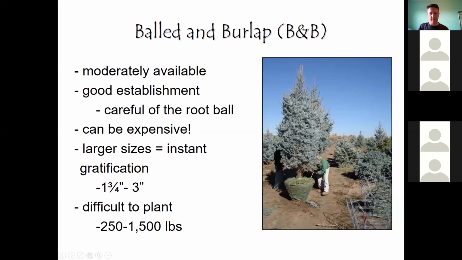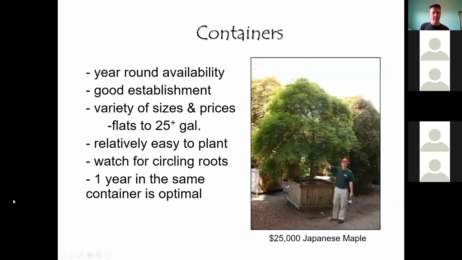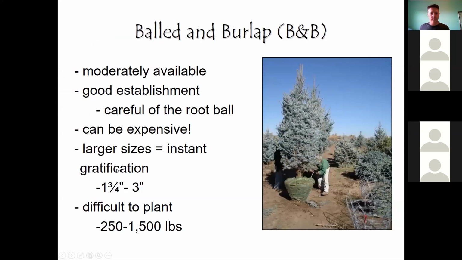And people just don't realize the logistics into planting this size of a tree, and oftentimes smaller trees will actually establish more quickly. Yeah, exactly. And actually, part of my graduate research was investigating the reestablishment of different sizes of trees, and we did find that, and other people have found that as well.